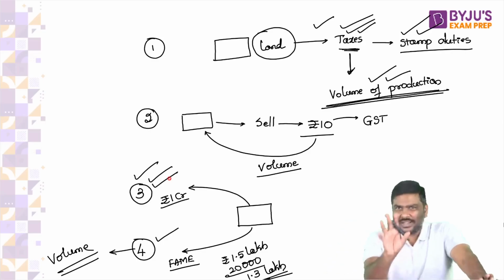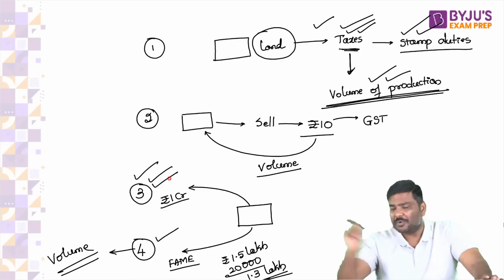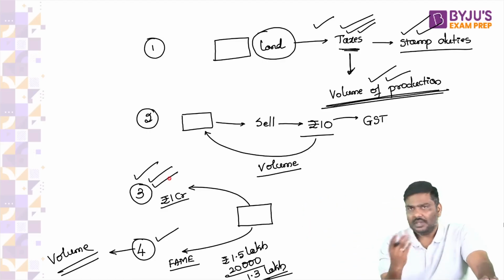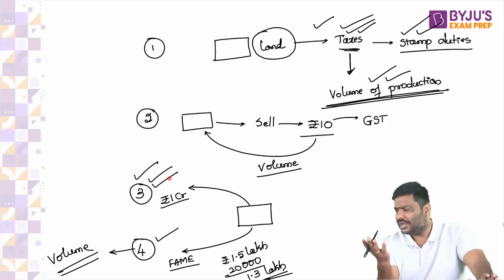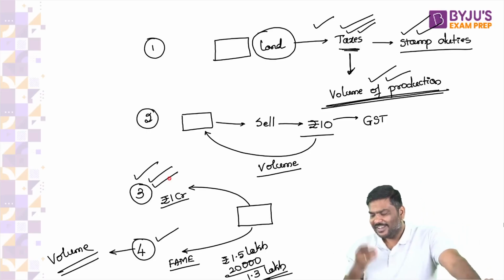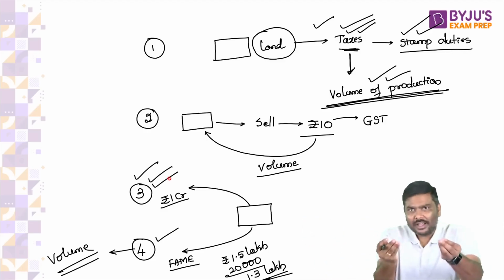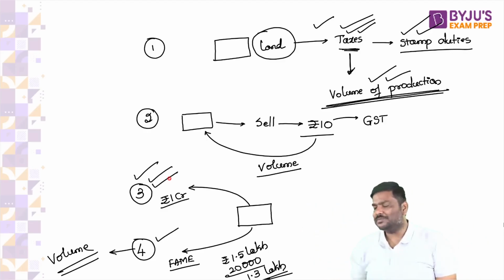Now this 1 crore rupee subsidy that you're getting, is it connected to volume of production? Let me know. Absolutely no. Some of us are saying yes. I'm saying the government wants you to invest, so it will simply give you 1 crore rupees subsidy.